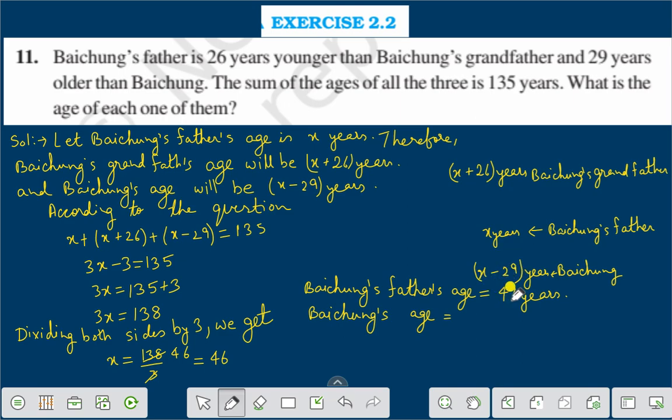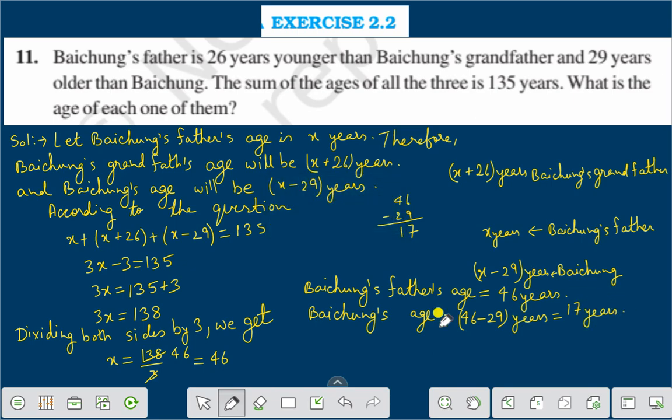X is 46, that is 46 minus 29 years. Let us subtract 29: that is equal to 17 years.